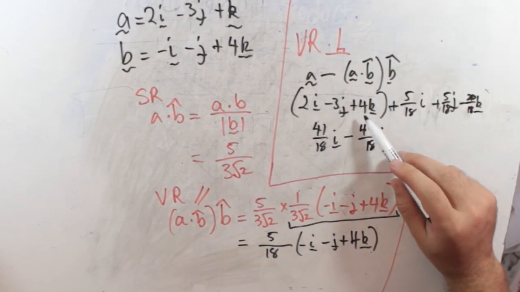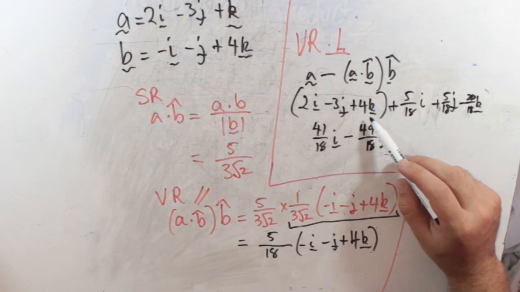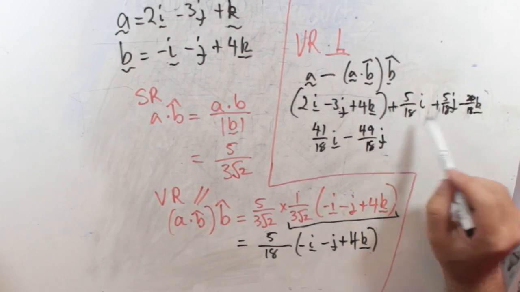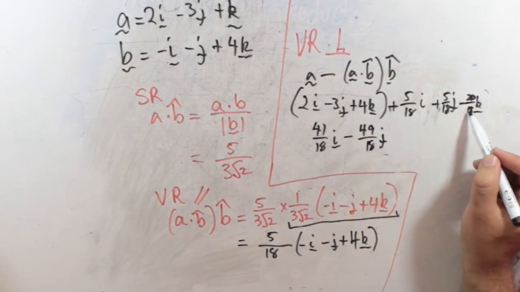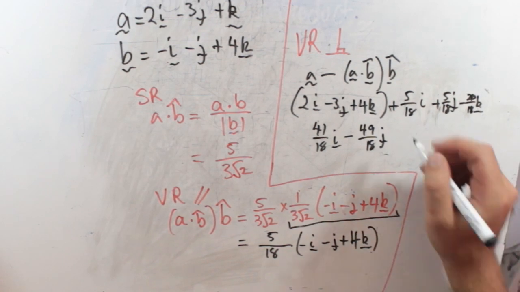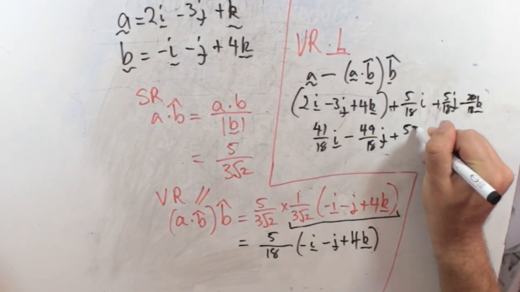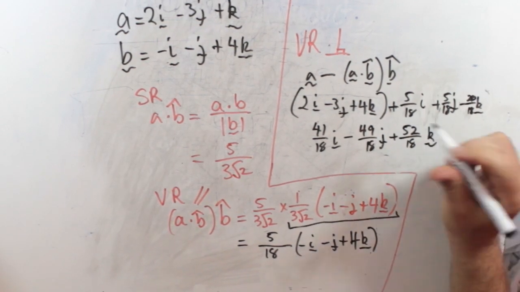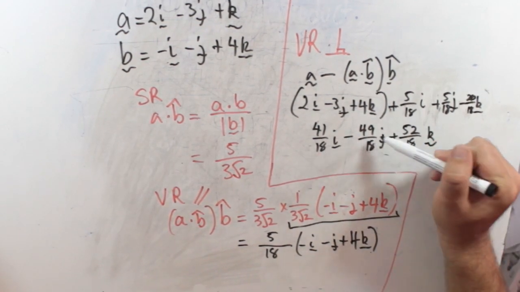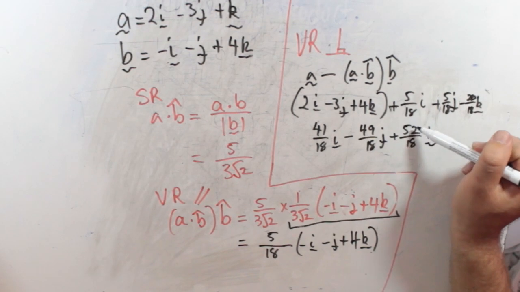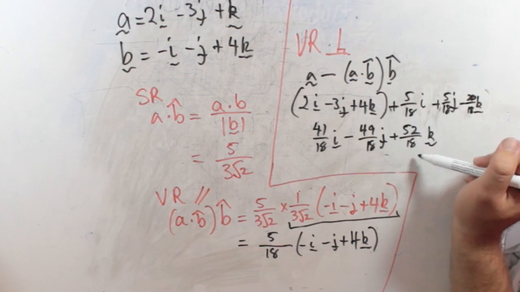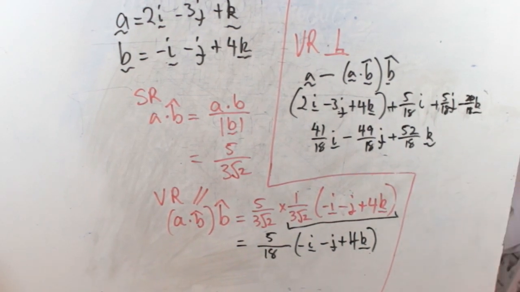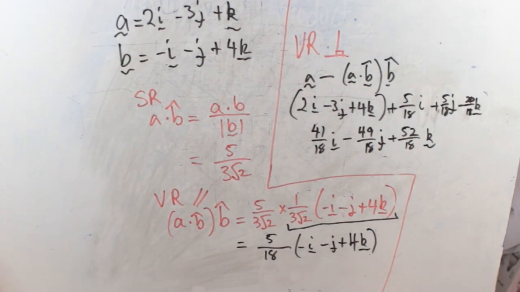Oh, this is prone to errors. Okay, 4 times 18, 36, 72. 72 minus 20, is that 52 on 18k? And that one doesn't cancel, that one does, 26 on 9, I think. But other than that, I think that's all we've got.